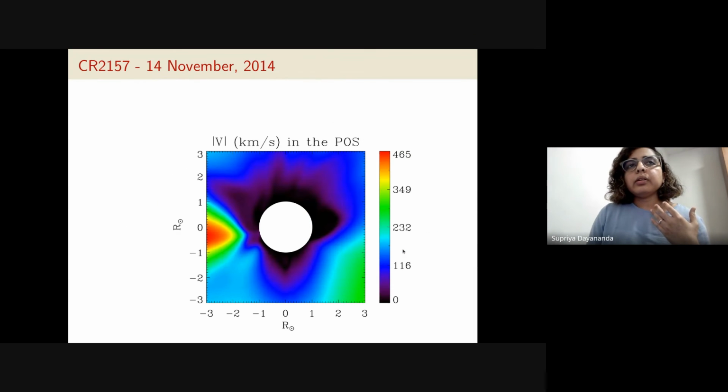So to rule out, or to understand better, to what extent these velocity effects are there in the helium line, we considered another model. This was our magnetic model, and in the regions that we are looking at, the velocity fields are somewhere between 50 to 100 kilometers per second or less.